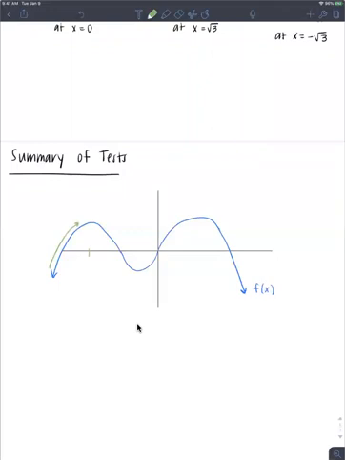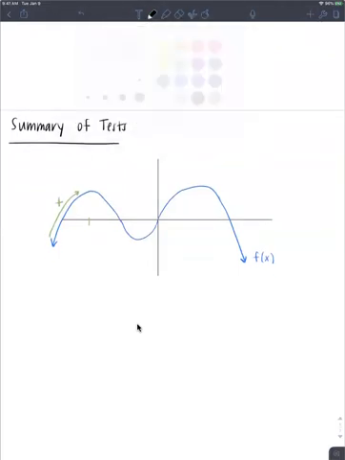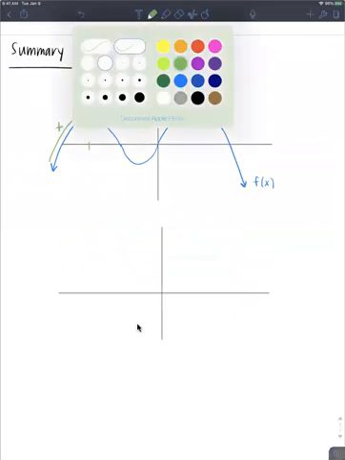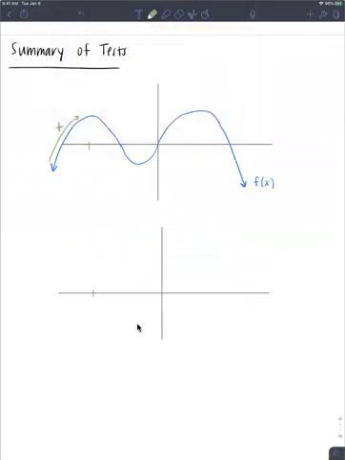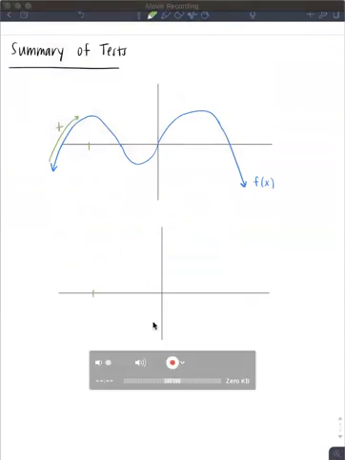Yeah, it's going to be positive, right? Because this is increasing. And so here, let's draw our first derivative now. From the same value, which is something like that, I'm going to have that this is positive. And so it's going to be a curve that does something like that, right?